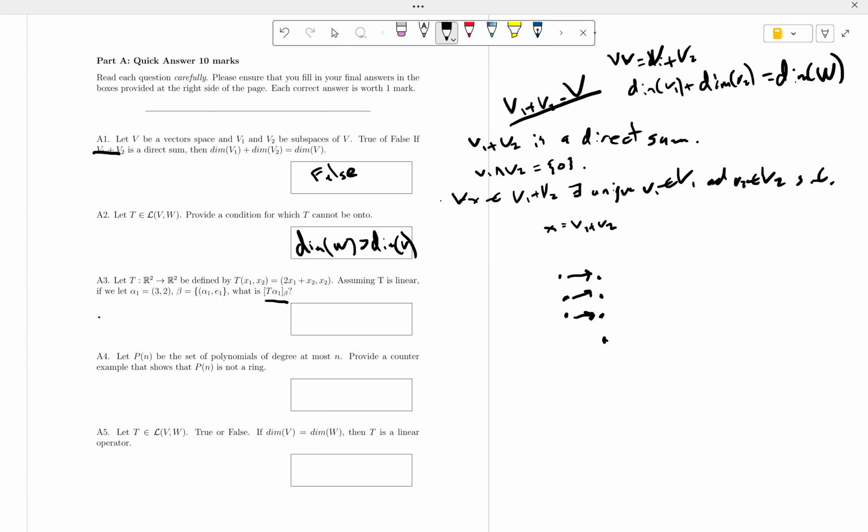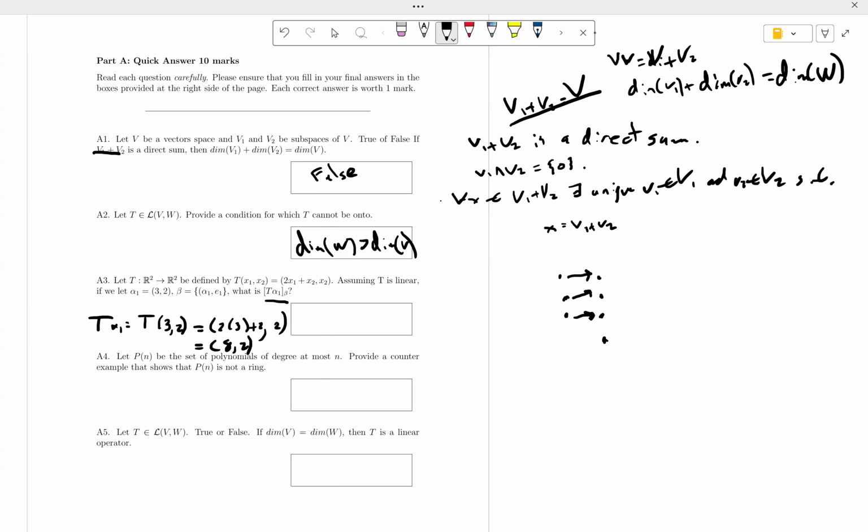So what I want to do is see what T of alpha 1 equals. This equals T of (3, 2), which equals (2 times 3 plus 2, 2). And this equals (8, 2).